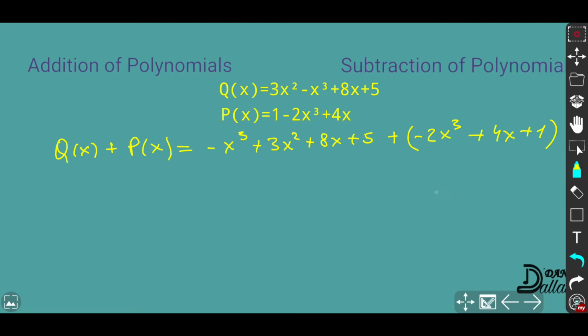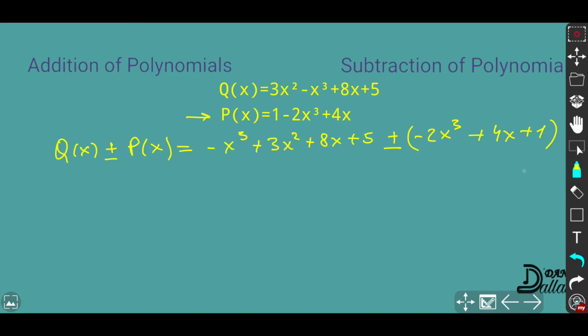So why do I put the brackets? So that you can see the whole expression, because if you subtract, you do the same and you put a minus before the whole expression represented by p(x). So don't forget that you subtract the whole expression. You subtract p(x), so that's why you put a minus before the whole expression.